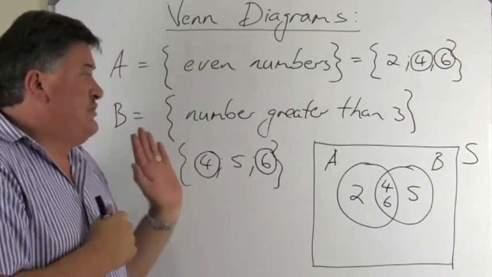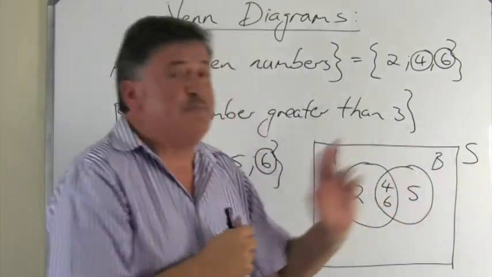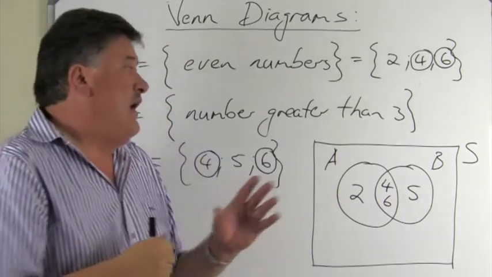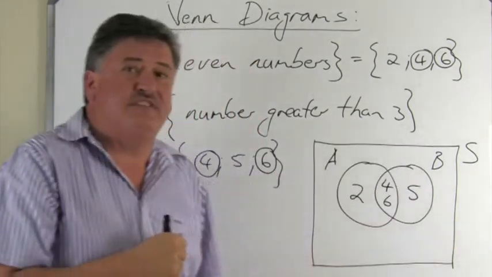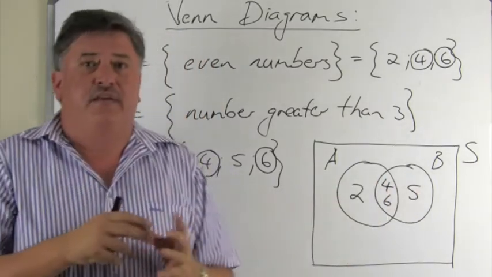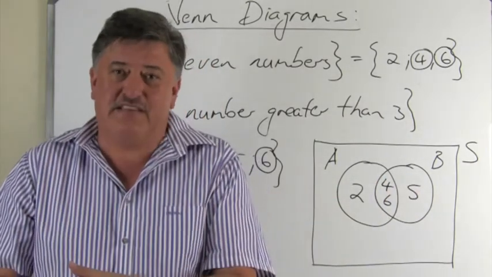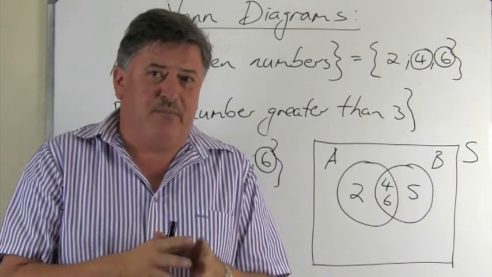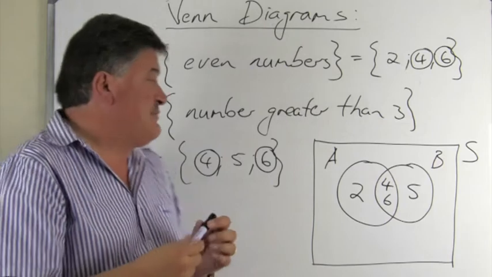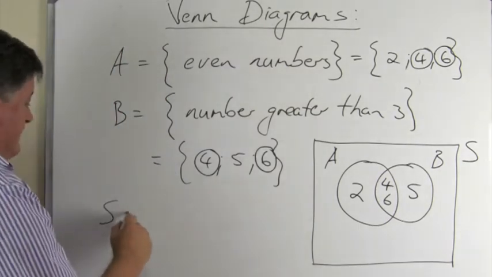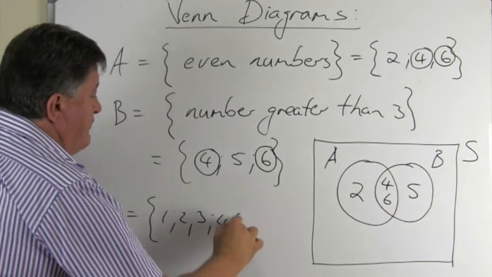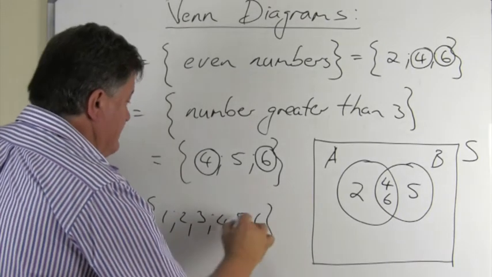Now, to complete our sample space, it is very important now to check, are there any outcomes still missing that is not within A and B, that is within the sample space? Now please remember, this example is about rolling a die. So our sample space, of course, are the outcomes 1, 2, 3, 4, 5, and 6.